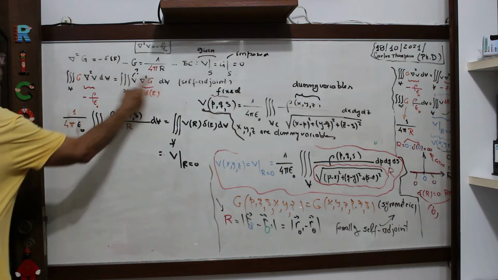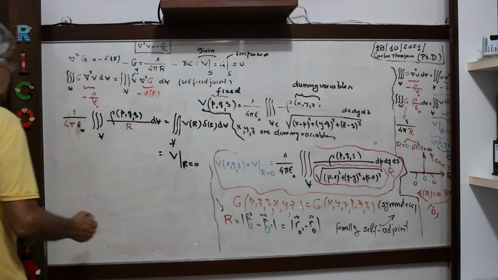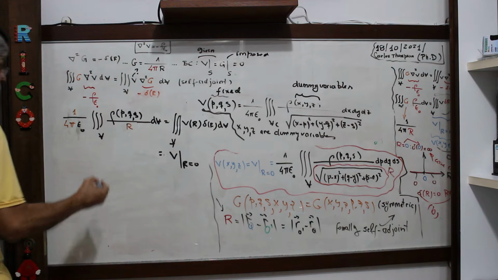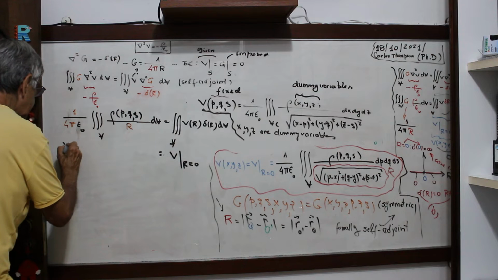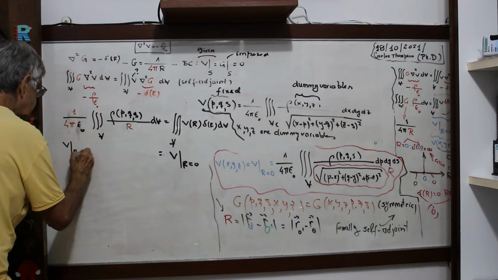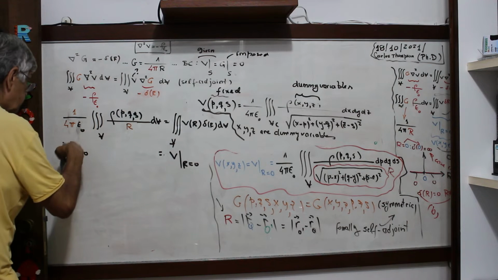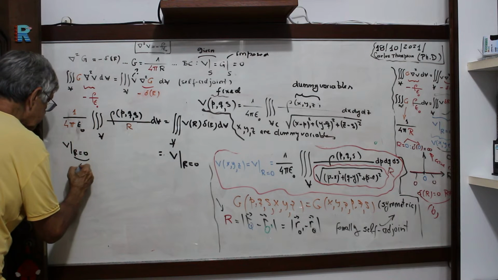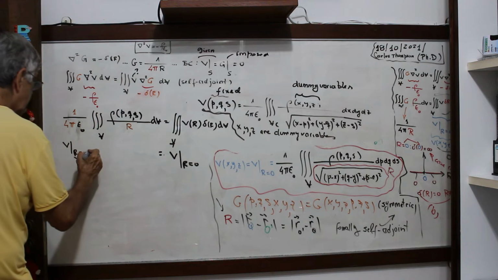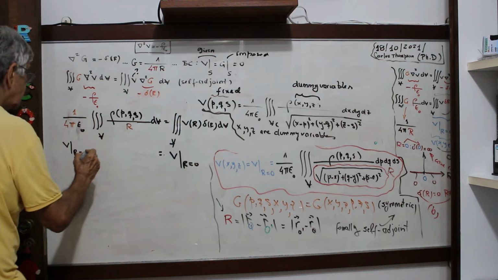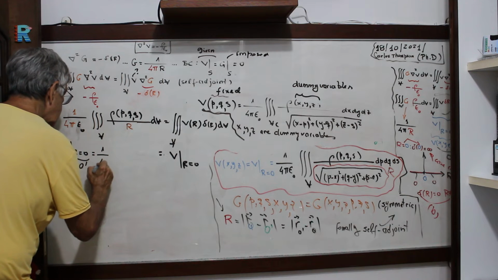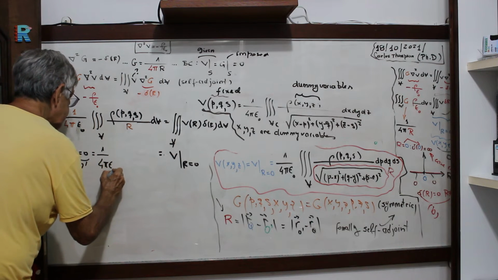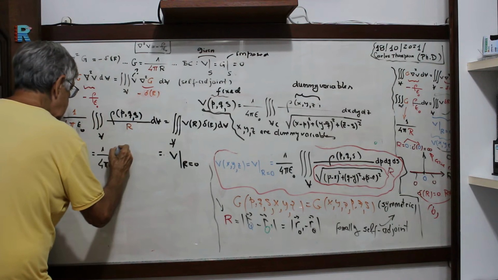Just multiply both sides by minus 1. Now it's ready, this is the answer. V at point O prime is what I want.